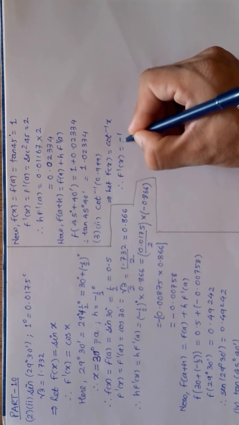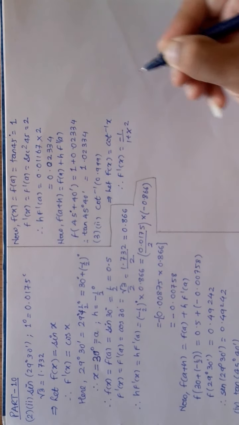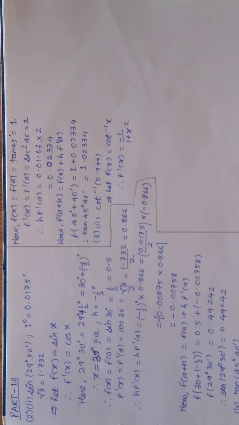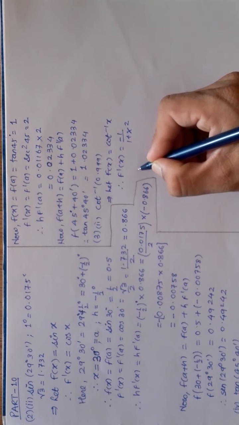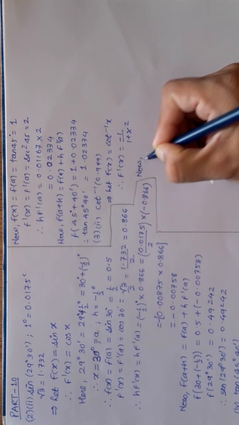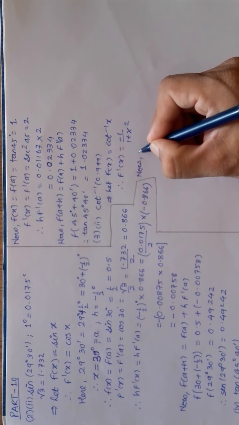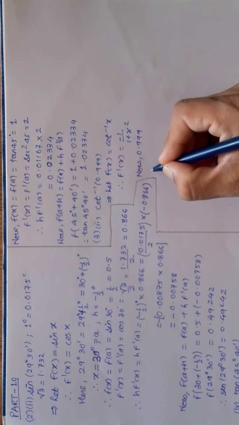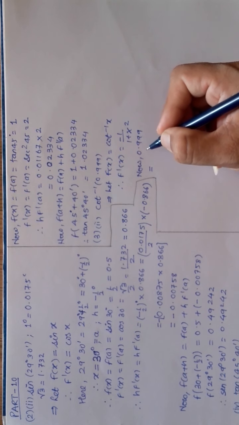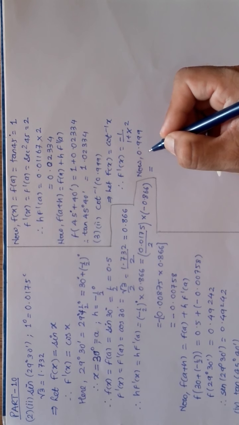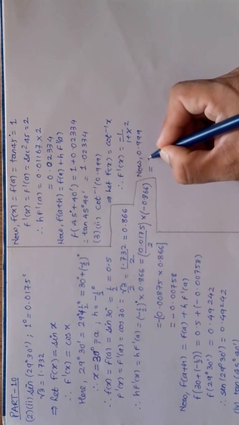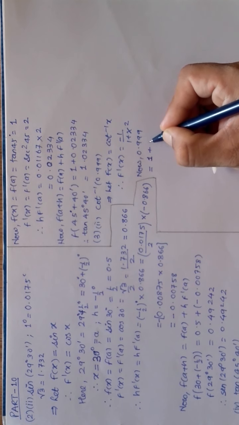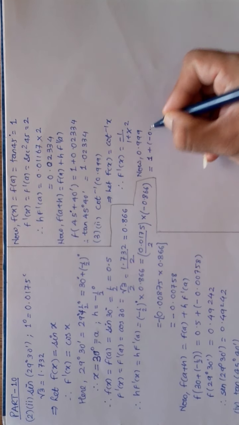Derivative of x is minus 1 upon 1 plus x square, if you remember. Now this 0.999 is near to 1, and cot inverse 1 we have, so we will better take this 1 only.